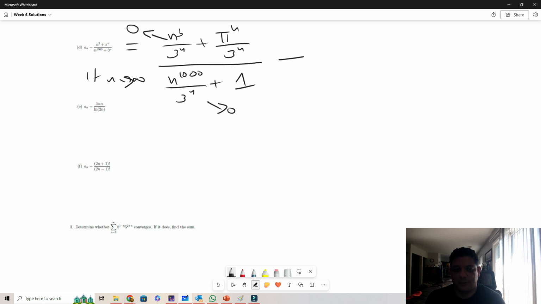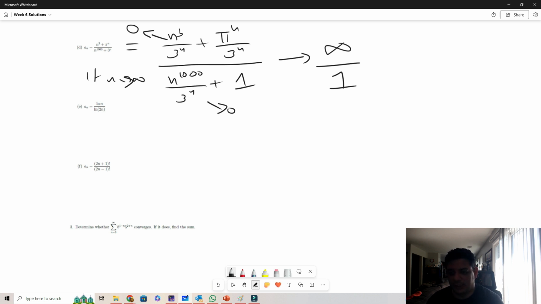And so this is going towards 1 on the bottom. But on the top, pi to the n actually grows faster than 3 to the n, since pi is a little bit more than 3. So this is going to go to infinity. And that's it. And this is a divergent sequence.